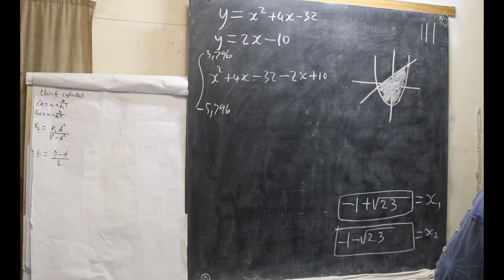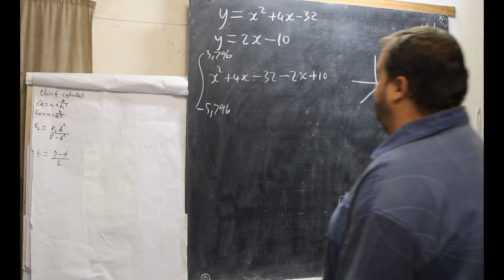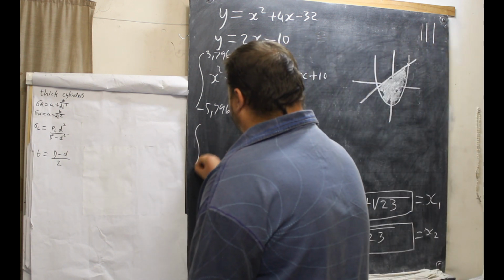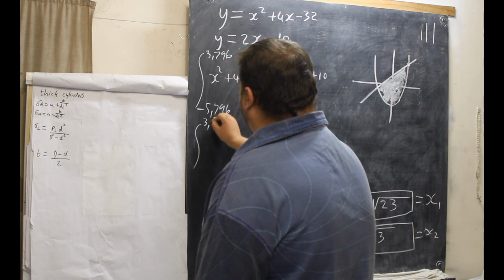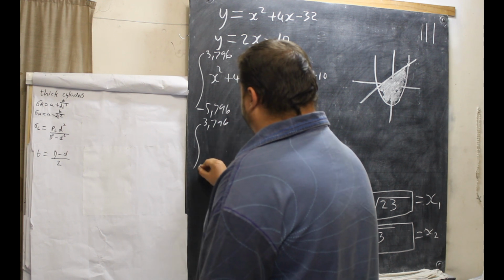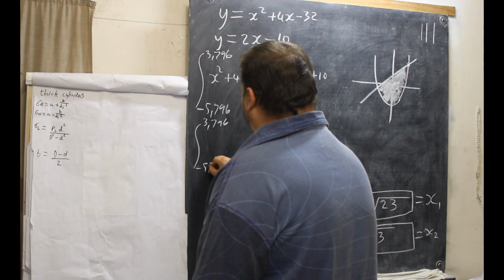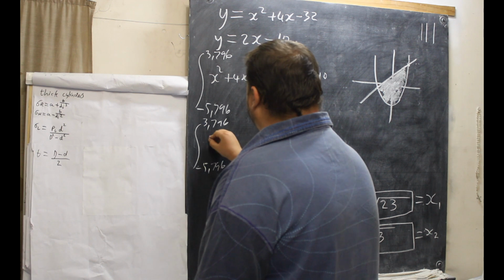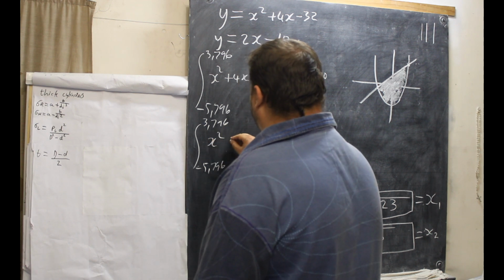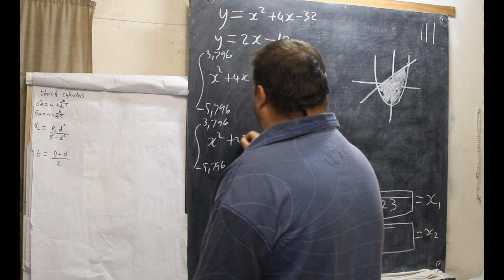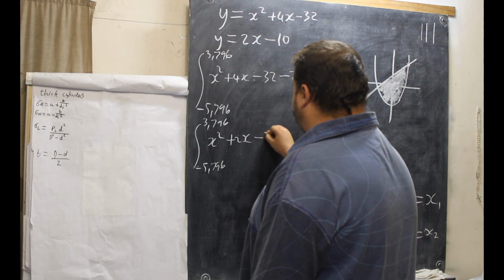Right, so we will be left with exactly the sum that we got when we put them together in the first place. So the integral of x2 to x1 of x squared plus 2x minus 22.